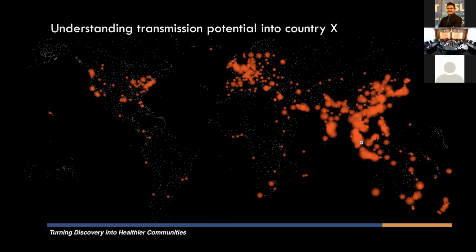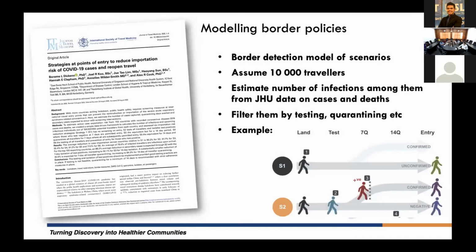The way that we are trying to assess this is by simulating large numbers of passengers and looking at what would happen to them if they were quarantined for, let's say, a week or 2 weeks, or if they get tested before they fly out, or tested on arrival, or tested while they're being quarantined.